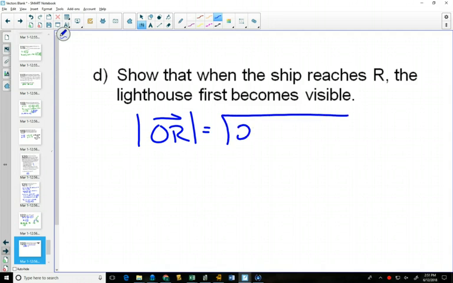If we do 15 squared plus 20 squared, sure enough, the square root of 625, which is equal to 25. And maybe you recognize the 15, 20 is just a multiple of the 3, 4, 5 triangle.